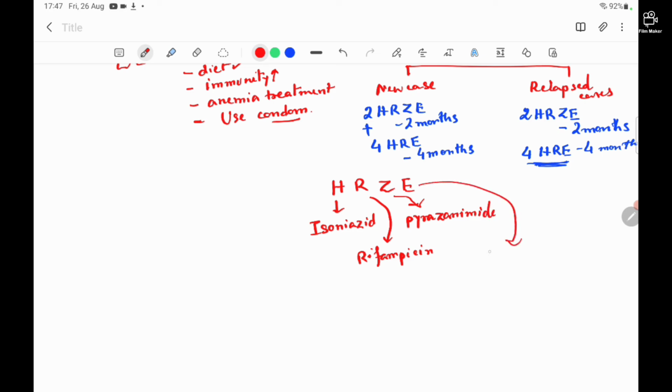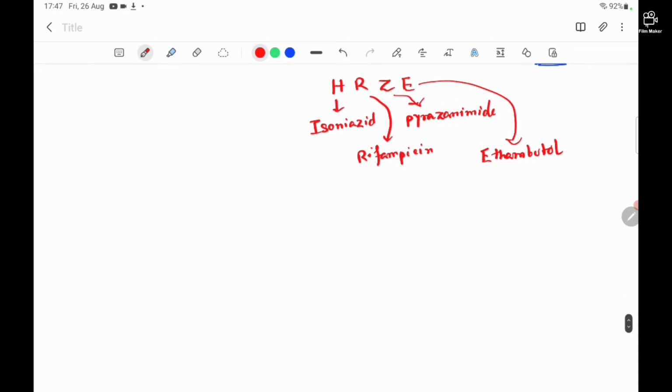And E is ethambutol. This is the general regimen for therapeutical management of genital tuberculosis, but sometimes depending on the cases the doctors might go for other therapeutic regimes as per their clinical choice. They might use streptomycin and other antibacterial spectrum drugs like this.